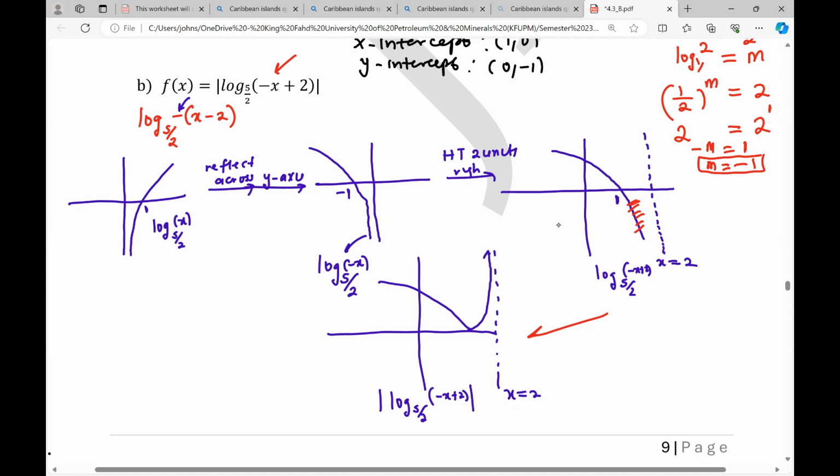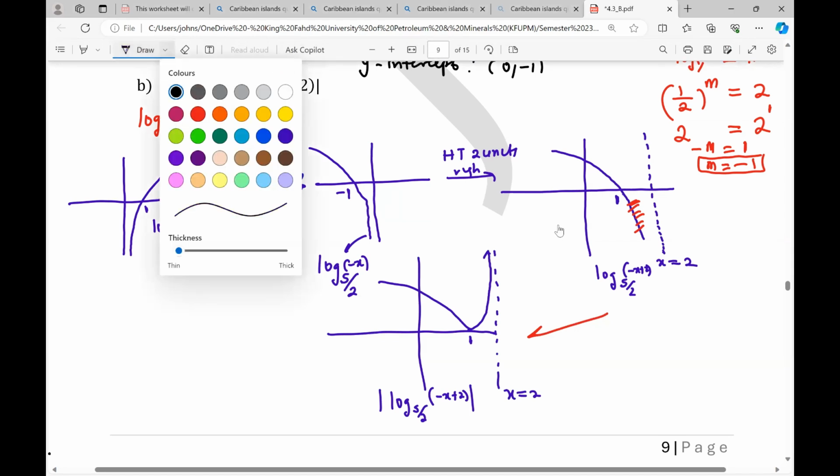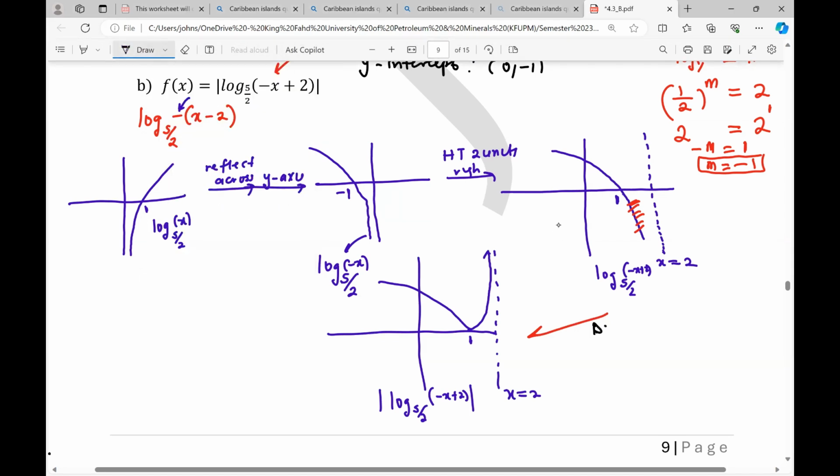So we already know this point happened to be 1. So this point is (1, 0). So we can say that the domain in this case is from minus infinity to the vertical asymptote, open. And the range in this case is going to be from 0, closed, to infinity.